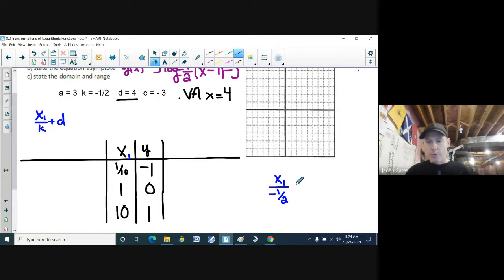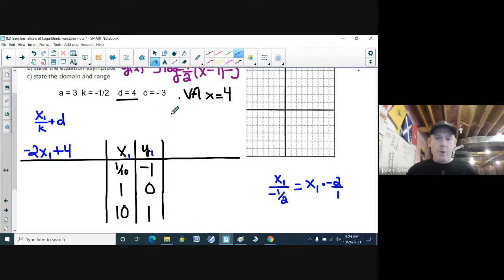So I can take x1 and multiply it by negative 2 over 1, which is simply negative 2. This equation simplifies to negative 2 times x1 plus 4, because that's what d is. So that's a little bit of a trick. That's why I threw this one at you. Not a trick, but something to watch out for.